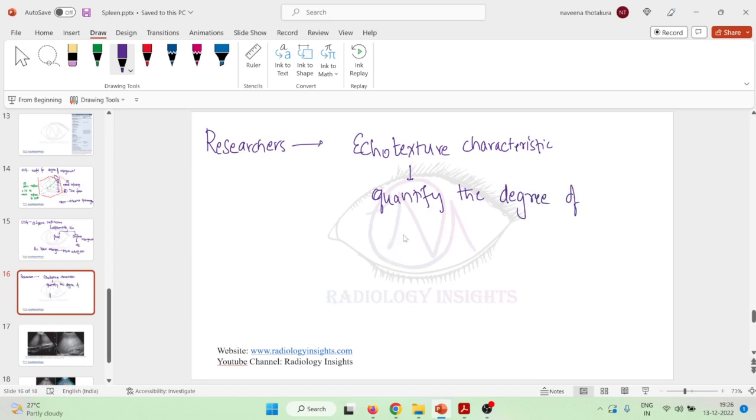But this is still not very useful because it has no clinical relevance, and thus it is not much studied.